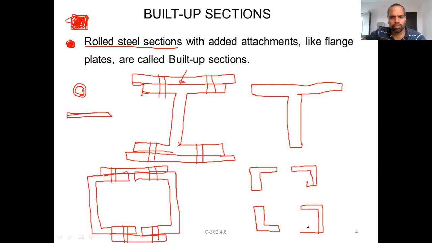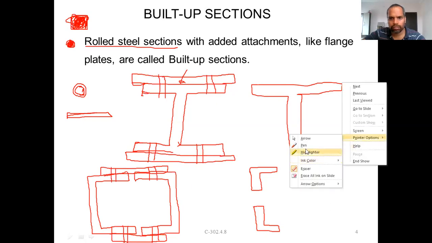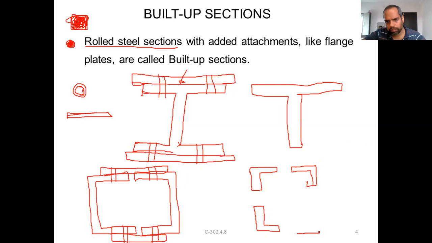Sorry, I drew it a little differently. So like this, these four angles are formed, and again these are joined with some plates, or even with some small angles, so that all four angles put together act like a single member.